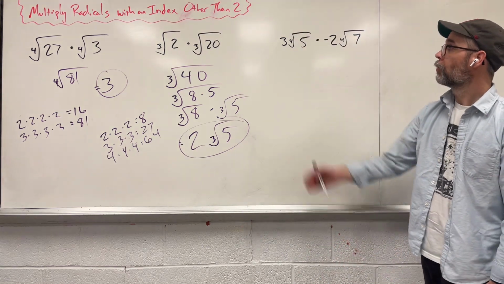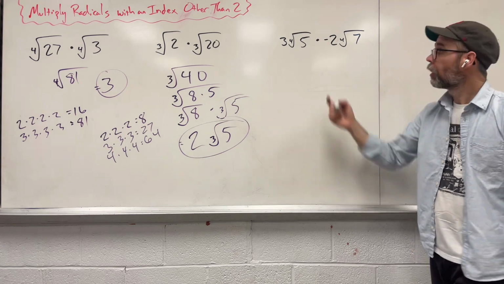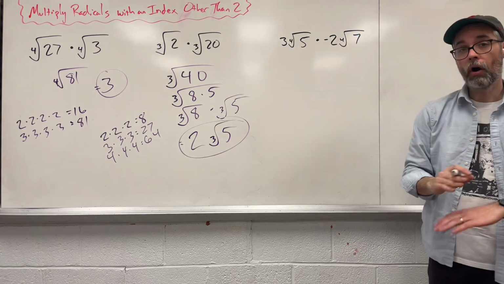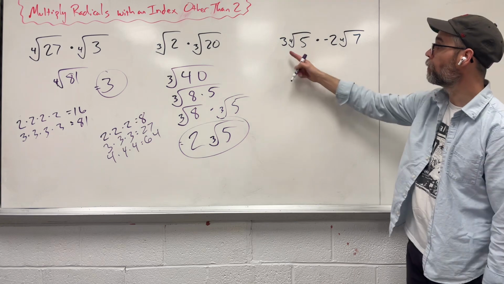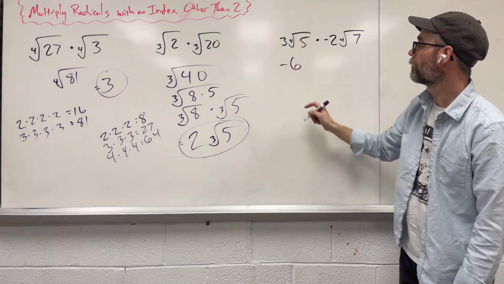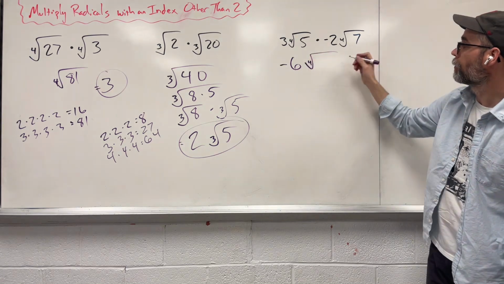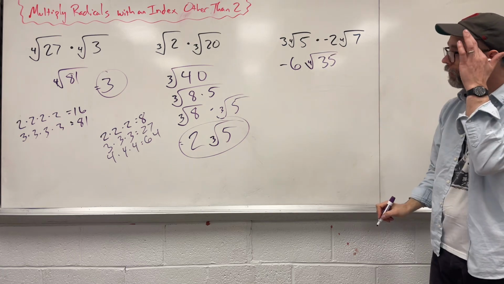What about when we have numbers on the outside and inside? As long as our index 4 and 4 are the same, it doesn't matter. I'm going to put my outside numbers together. So 3 and negative 2 gives us negative 6. My inside numbers, 5 times 7 is 35.